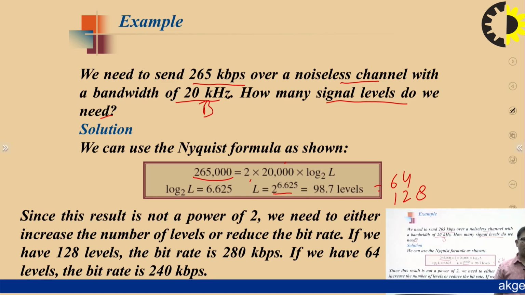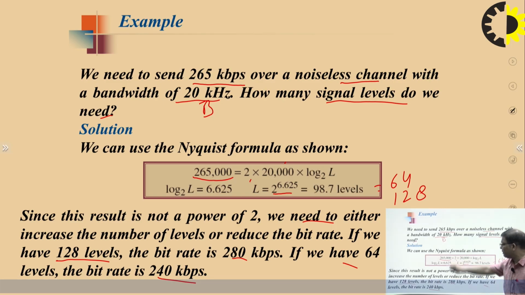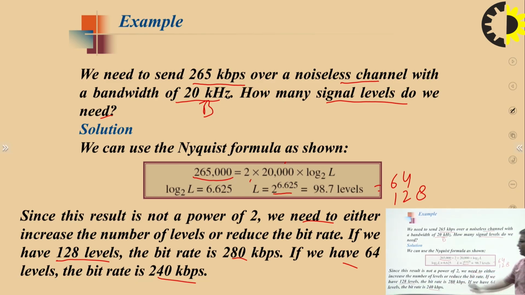Either 64 or 128. So what is written over here? We need to either increase the number of levels or reduce them. If we have 128 levels, the bit rate is 280 kbps. If we have 64 levels, the bit rate is 240 kbps. What is near? 280 kbps, but here it is 265. So this is beyond the limit, and we cannot accept that.